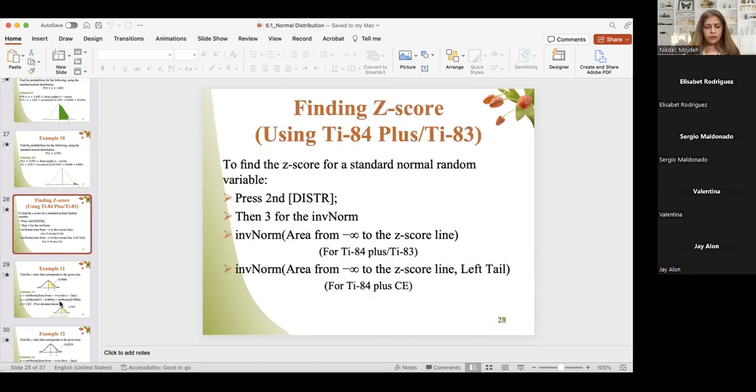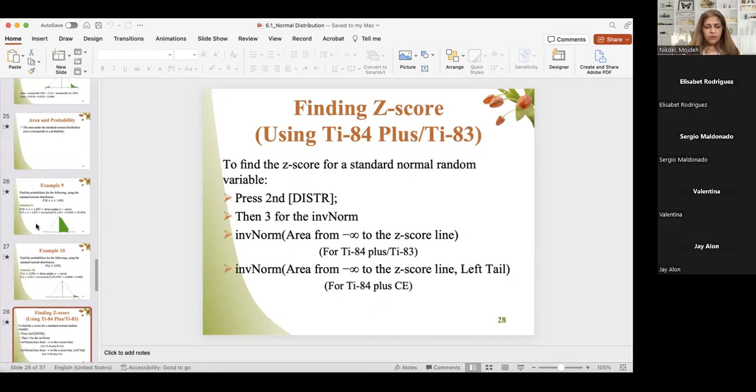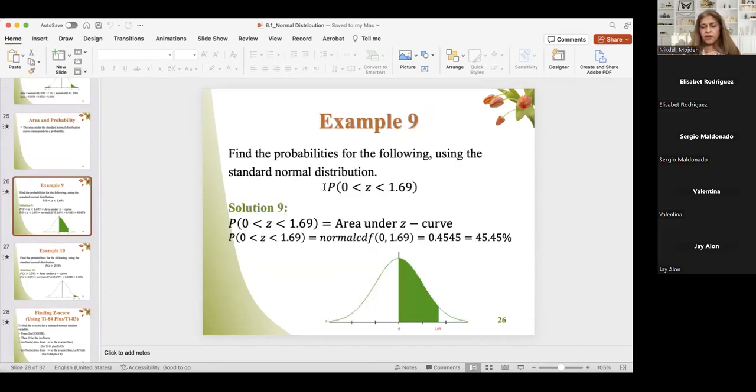So that's all I want to say. If they say find the probability of z less than 0, or greater than 0, or z between 0 and 1.69, you draw your bell-shaped curve because it's a z curve. Locate the 0 exactly in the middle, locate 1.69, shade the region between the two numbers.